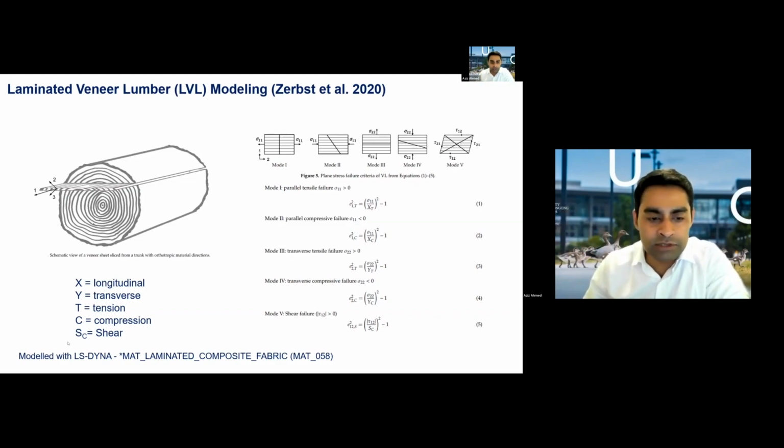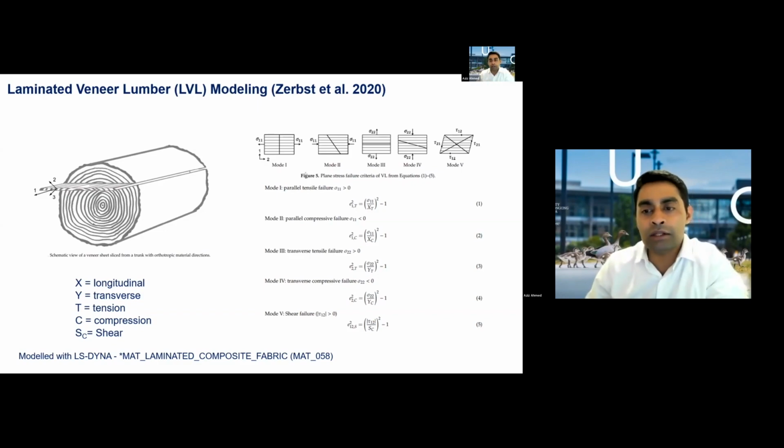In this paper, Just et al. in 2020, recently, they used LS-DYNA, and they used this particular material property, laminated composite fabric. In the perpendicular direction to this, the behavior is governed by the adhesive you use. So if we can make the adhesive strong enough, we can assume that the failure will not happen in the adhesive layer. That means we can simplify it a bit.